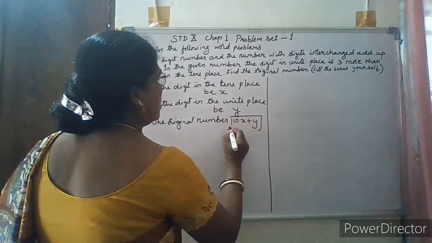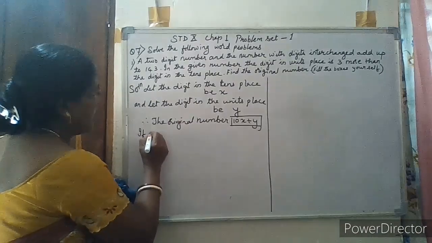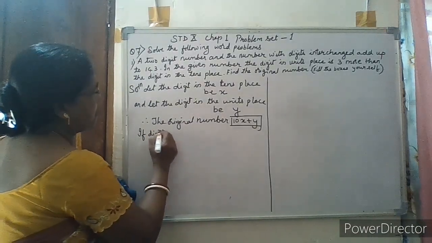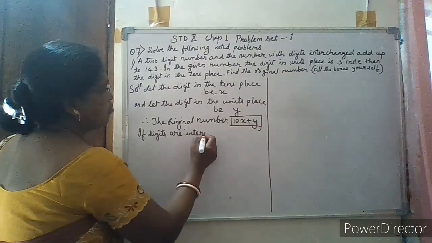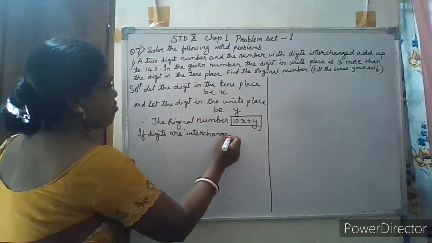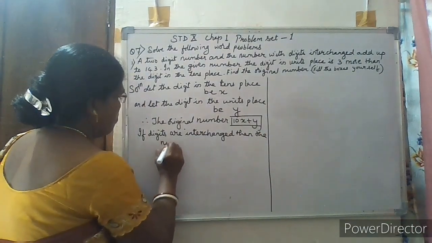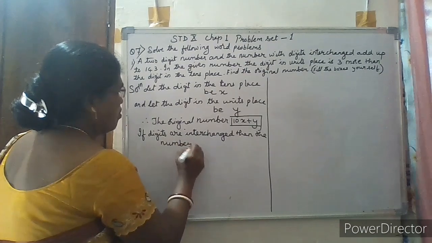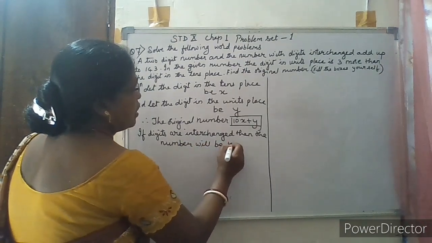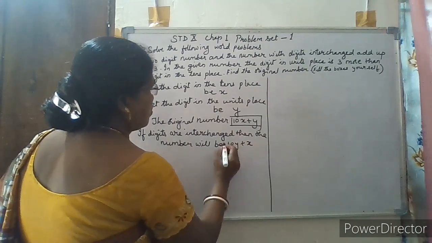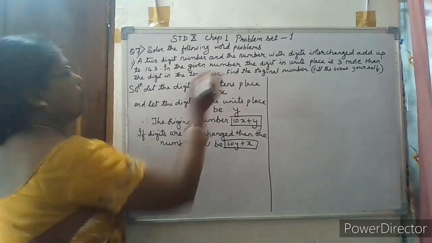If the digits are interchanged, then the number will be 10y plus x. Now, we'll go with the first condition.